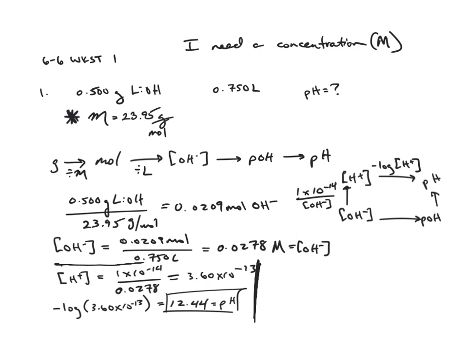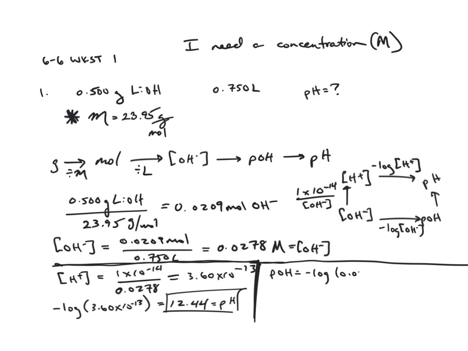This side here was the first version of it, and we'll do the other one on this side. If I go this way, you just follow the arrows and do whatever mathematical expressions point in that direction. pOH is the negative log of the hydroxide concentration, the number we got right here, 0.0278. The negative log of 0.0278 is 1.56.